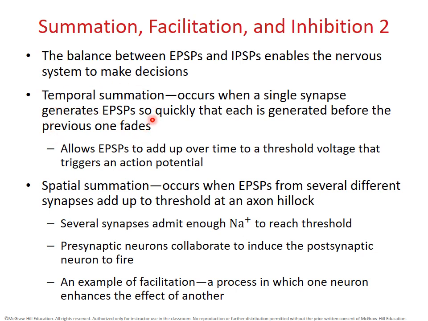Temporal summation in neurons means that the postsynaptic cell is going to receive a high frequency of stimulation from the presynaptic cell. So this is not adding up EPSPs from multiple synapses. Temporal summation occurs at a single synapse where we just stimulate that synapse over and over and over again, 10, 20, 30 times a second.